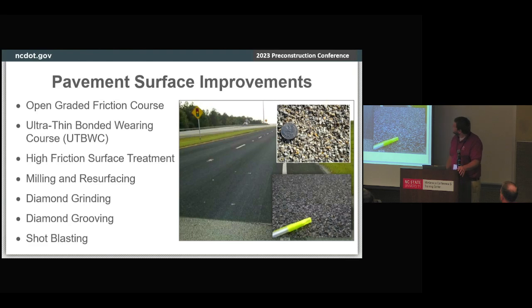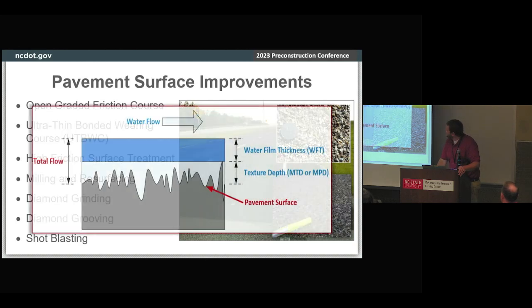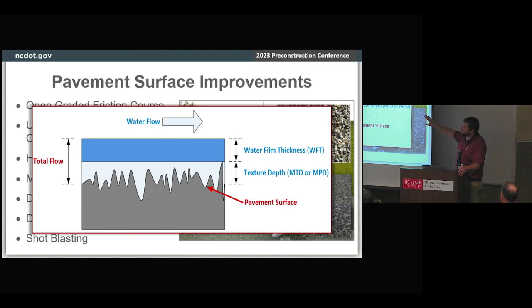When we're talking about pavement surface improvements, we're really looking at the texture of that pavement. Dense paved has hardly any texture. So we're trying to add MTD or MPD, the mean texture depth and mean profile depth.